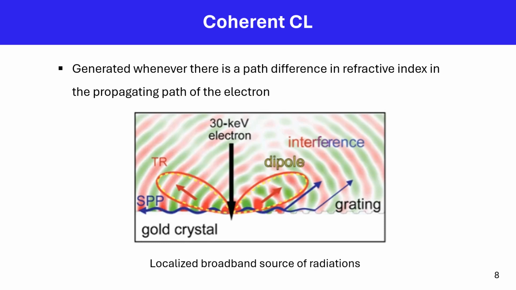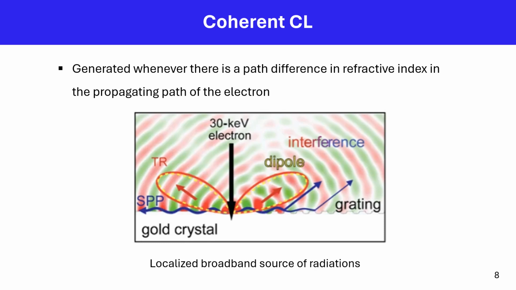Coherent CL is generated any time there is a difference in refractive index in the propagating path of the electron. If we have a material in vacuum, then the interface between the material and the vacuum allows the generation of coherent CL. Here is an example of a gold crystal.